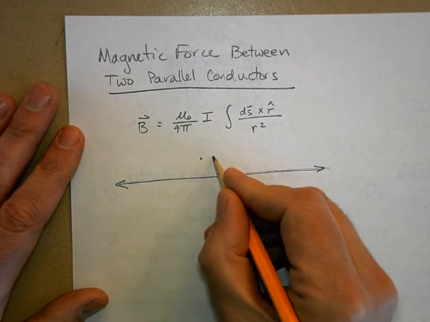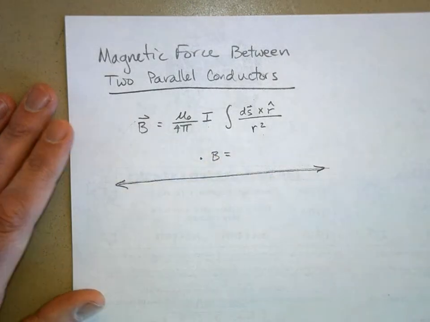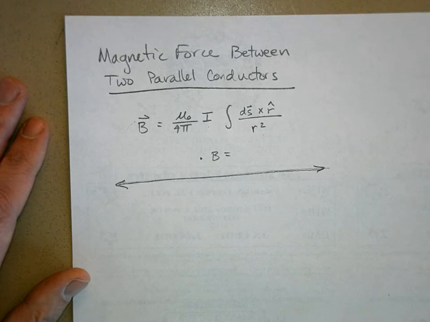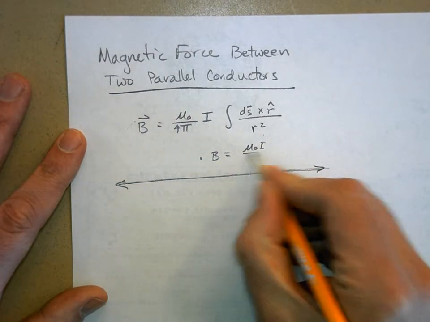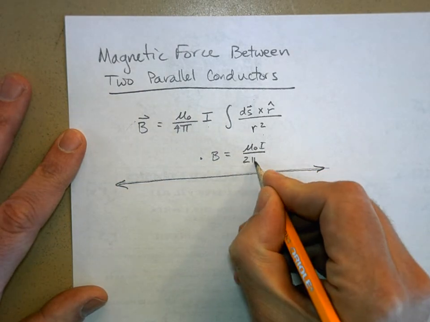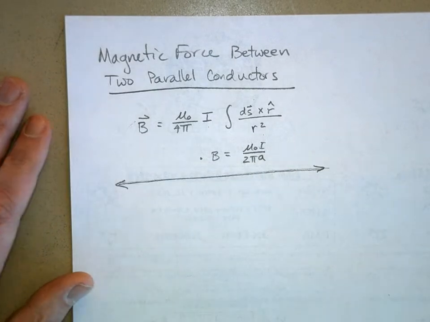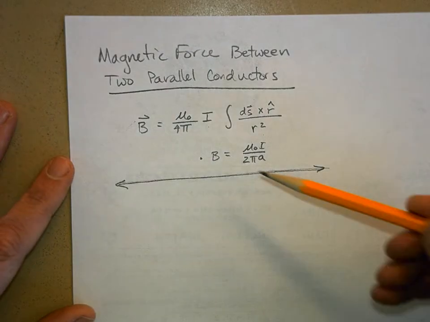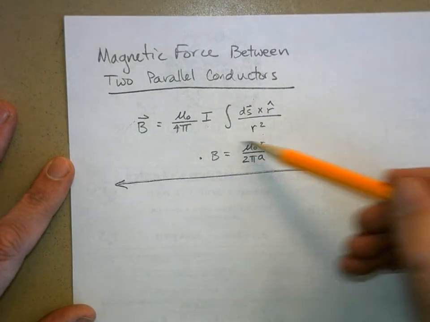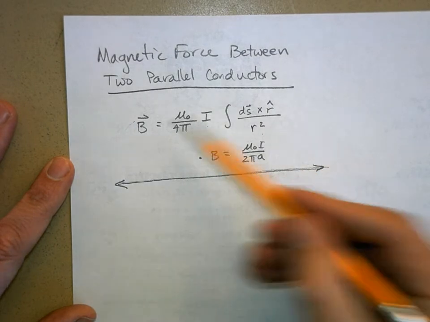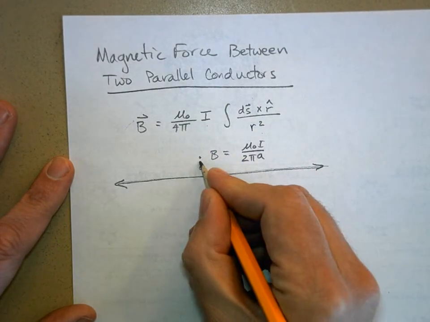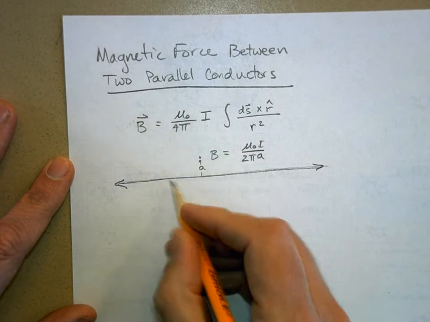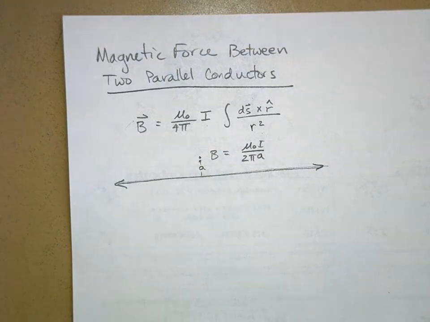And we said that the magnetic field was equal to mu naught I over 2 pi a. This expression for the magnetic field came from the Biot-Savart law, where a is the perpendicular distance from the wire to our location in space.